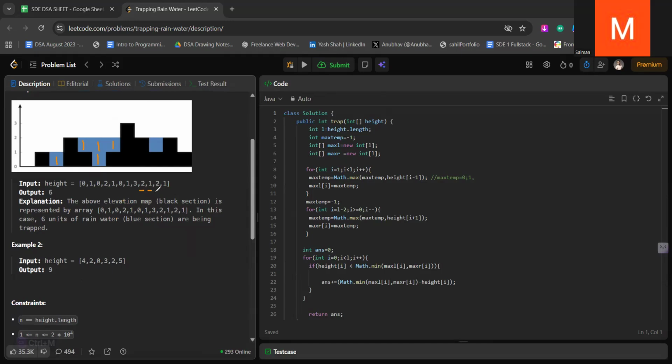And the rightmost highest boundary is also 2. And what is the minimum of both of them? The minimum is 2 because both are the same, right? So the answer is 2. So 2 minus 1. Therefore, it will store only 1 unit of water. Fine. Now let's move on to the next element.